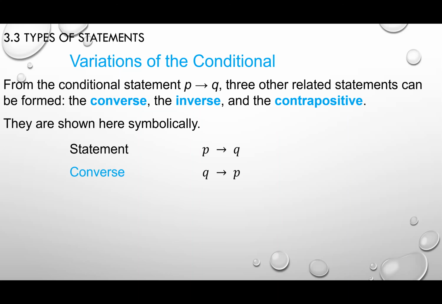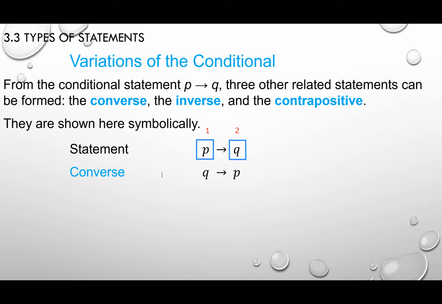How do we find the converse? This is what I tell my students to do: the converse basically tells you to switch the order. Look at this: P implies Q, if P then Q. Imagine this is item one and this is item two.